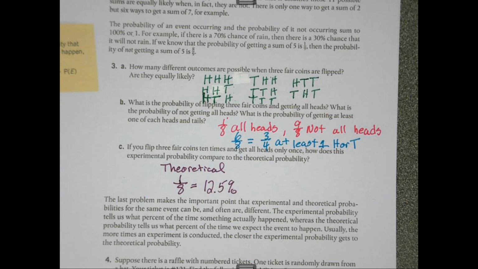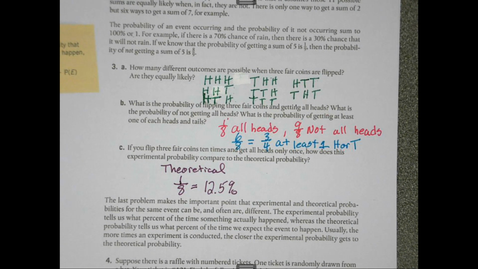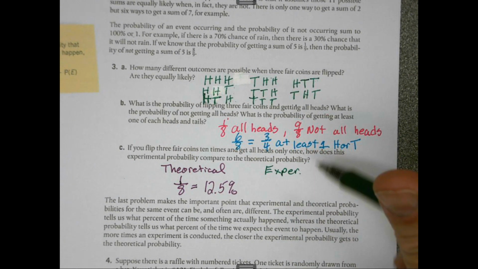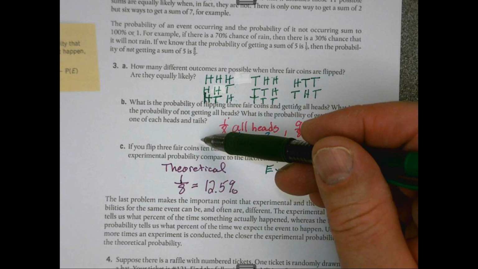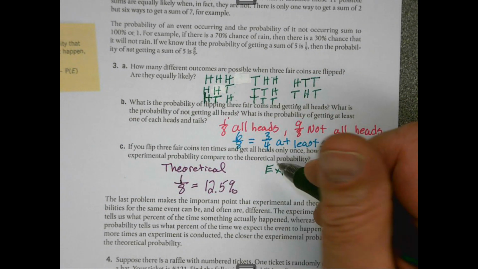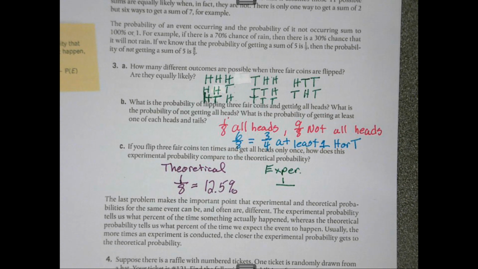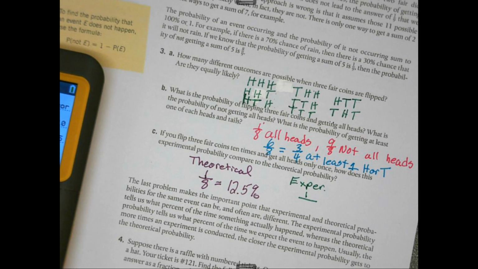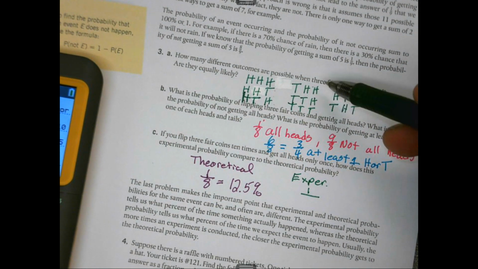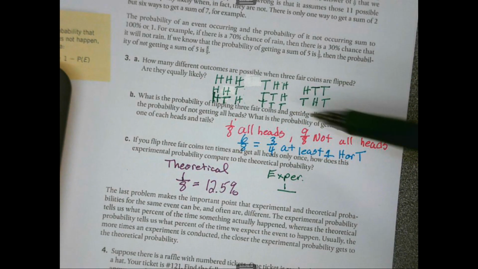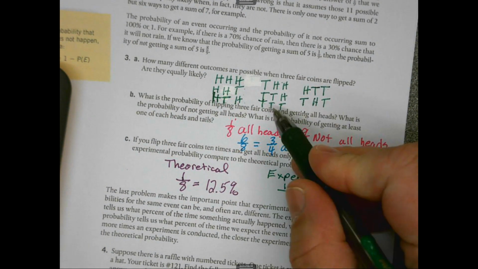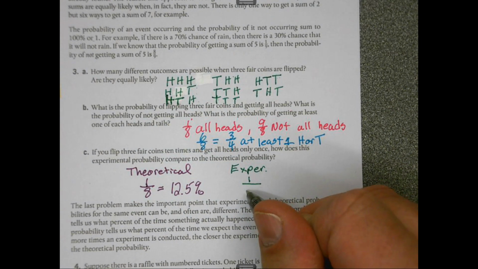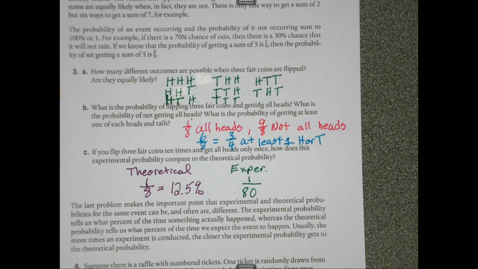So those 10 flips gave me how many outcomes, how many favorable outcomes? Well, I had eight per flip. So 8 times 10 flips is 80. So my experimental probability came out to, if I make that a percentage, again, it's easier for me to see, 1.25%. So how does it compare? Well, obviously I got much, much less than the 12.5%.